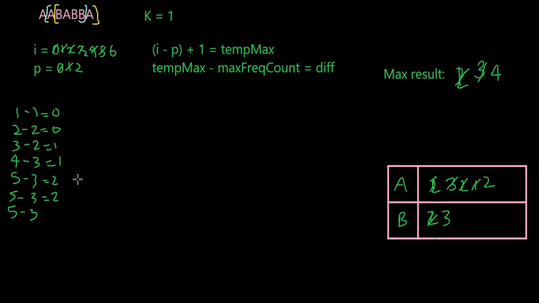B is still in the window. And we're still going to get 2. Still invalid. And as we can see, we never update max result.